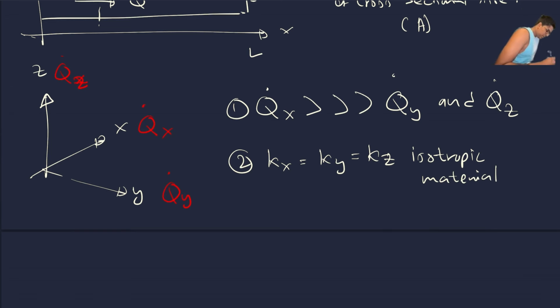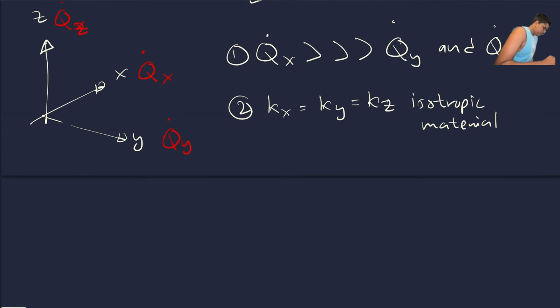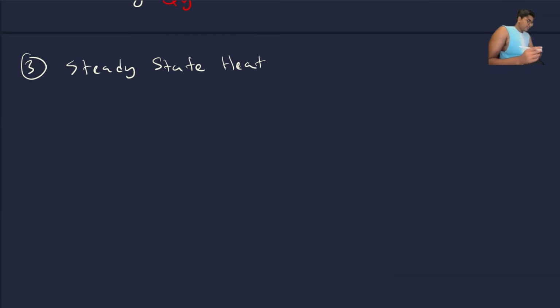The next assumption is steady state heat flow. What does steady state heat flow mean? It means that the variation of temperature with time, or the variation of heat flux with time, is zero. There is no time dependence.